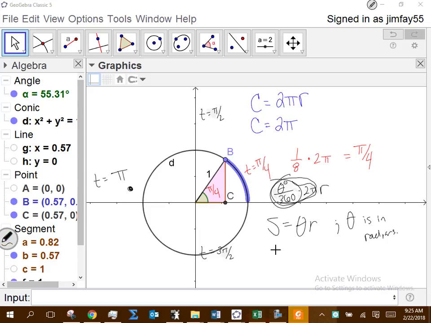Okay, but now, so S, the arc length, is equal to theta r, but r for us right now is what? R is your radius of your circle, right? That's 1. So theta times 1 is just theta, right? Okay. Some textbooks call this T S because of this fact here. We're calling it T. Okay.